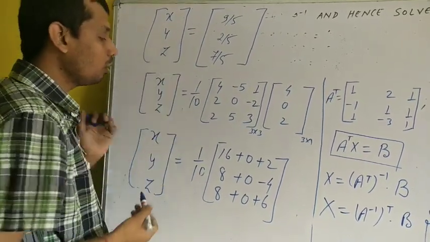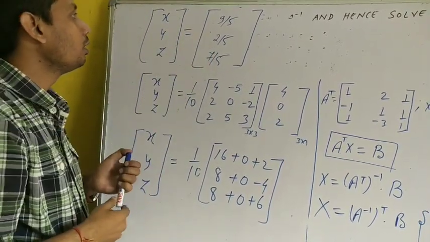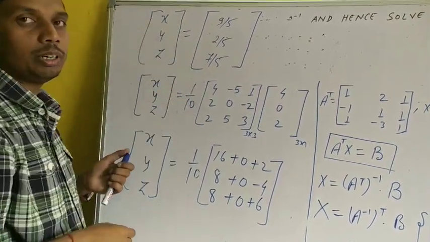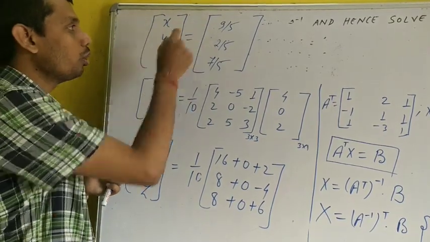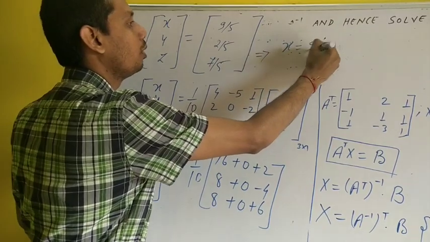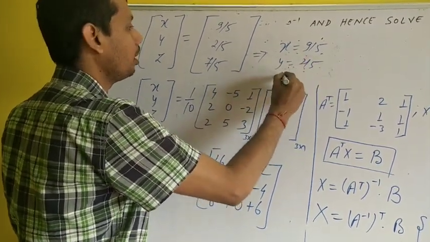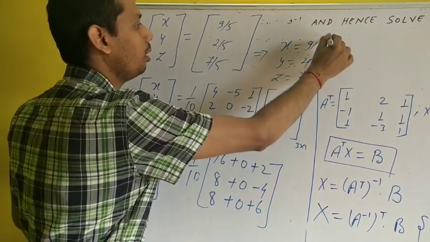As these two matrices are equal, we can equate the corresponding elements. So x is equal to 9 by 5, y is equal to 2 by 5, and z is equal to 7 by 5.